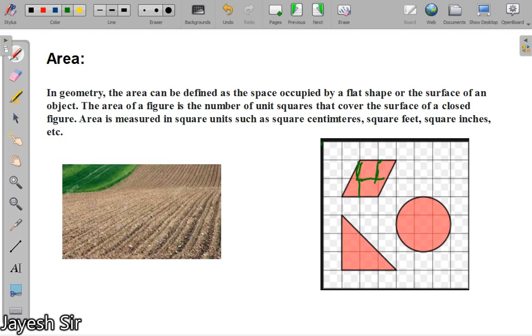If we talk about this parallelogram, it is covering these two complete squares, a portion of this square and a portion of this square. In the same manner, a portion of this square and a portion of this square. In the same manner we have this triangle. This triangle is covering these three squares completely, so we are saying unit squares. That is the meaning of unit squares.